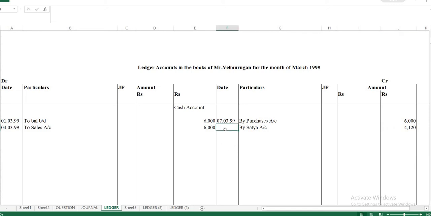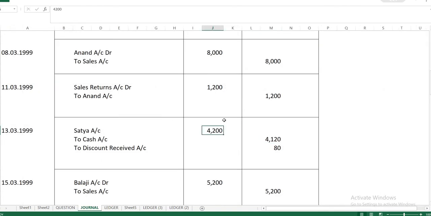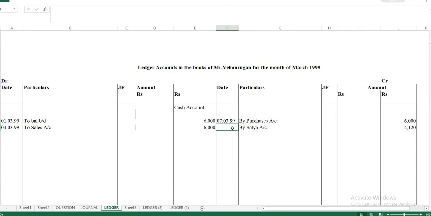Discount and all you should not consider here. Discount and the amount received together come to 4200, but you are paying him only 4120, so that amount only can be shown. Then, the date on which it has occurred is 13th, so that 13th you mention here.